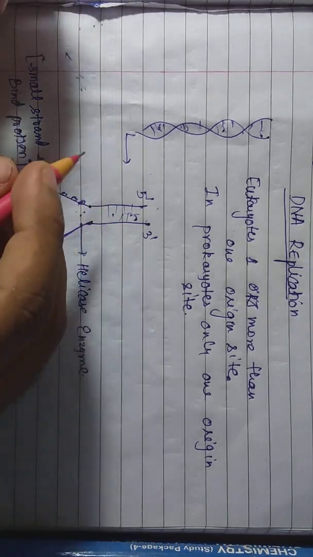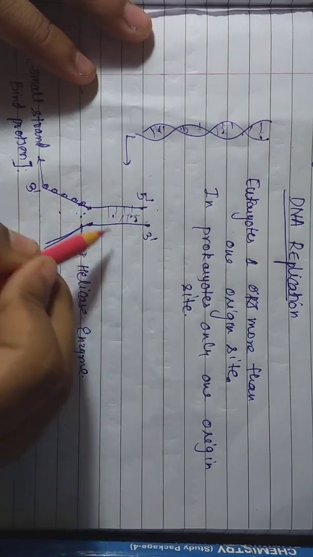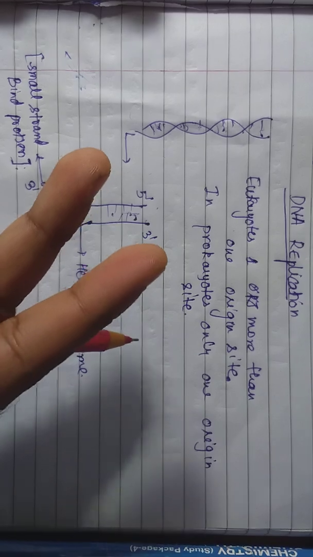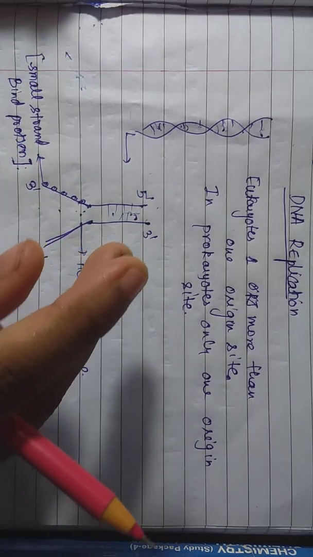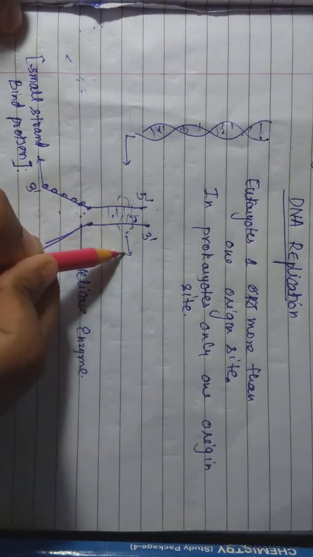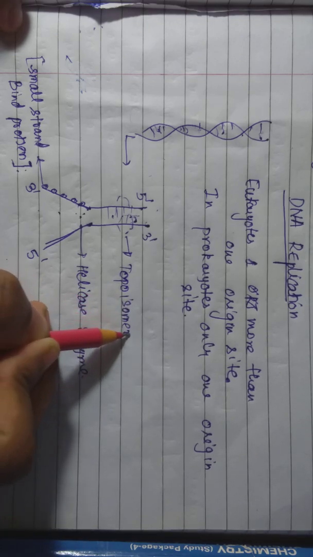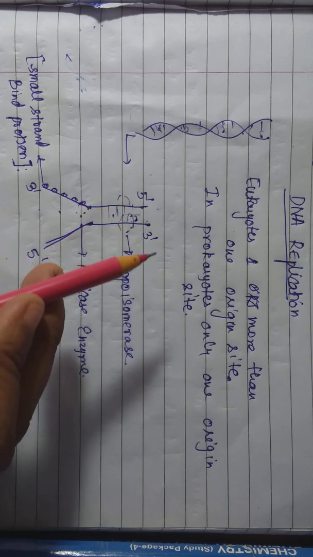Since we are opening this, there is a formation of the fork. Here there will be tension, since you can imagine it as a thread coiled like a DNA. When we open it from one end, the upper end becomes tight. So to release the tension there is an enzyme called topoisomerase, which releases the tension in the upper DNA strand.